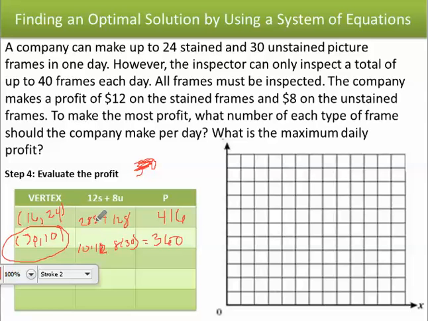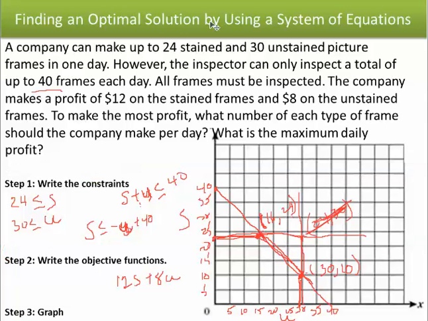Okay, did I do this one right? I don't think I did that one right yet. See, it's easy to get them confused, isn't it? So the 16 is my unstained, and 30 is my unstained.